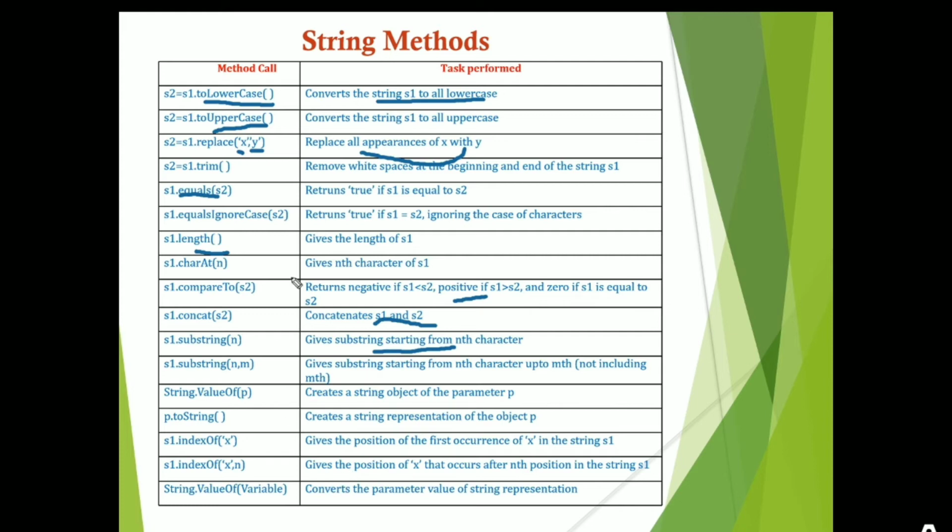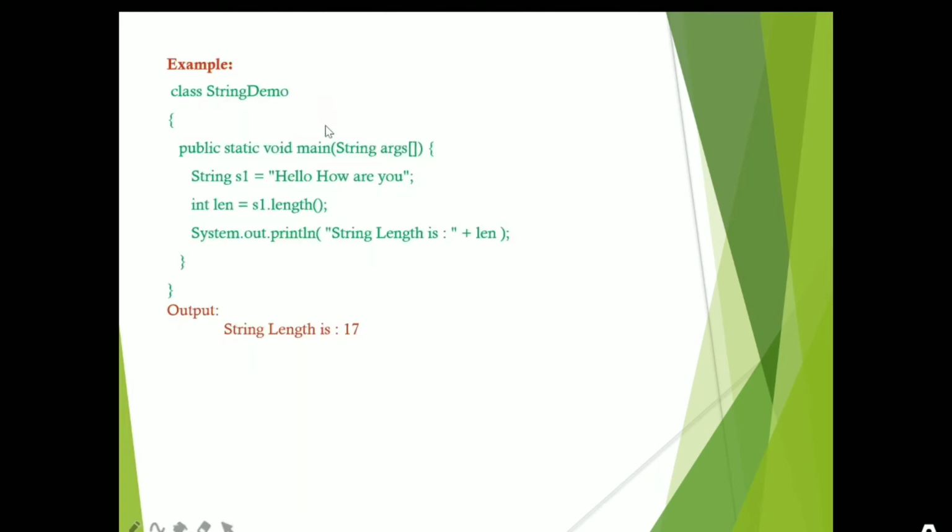These are the different methods related to the string class. By using these methods, we can write different programs. For example, here we are checking the length of the string. Class StringDemo: we created s1 and assigned "hello, how are you?"